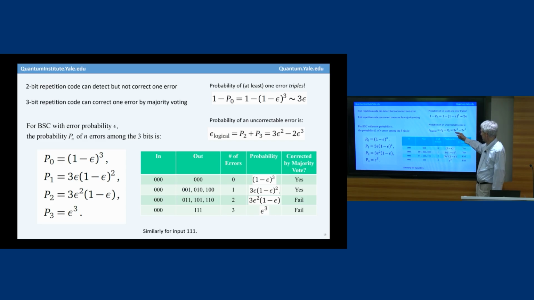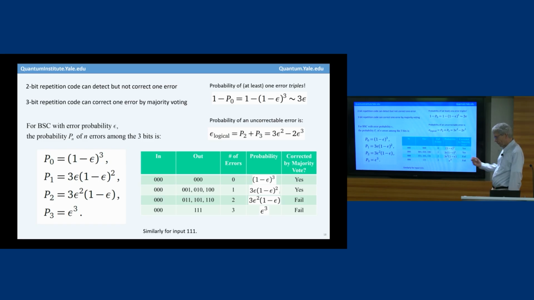So if you just add these 2 terms, you get this: 3 epsilon squared minus 2 epsilon cubed. If epsilon is 1%, this term's a lot bigger than that term, so it's approximately 3%. Okay?